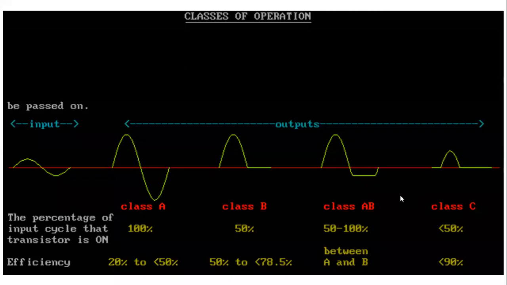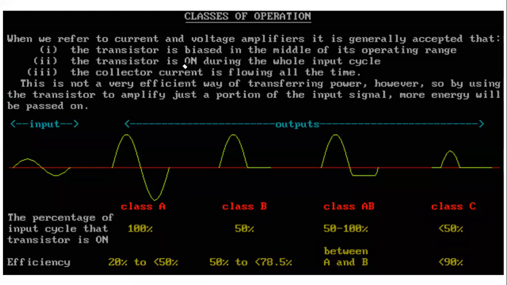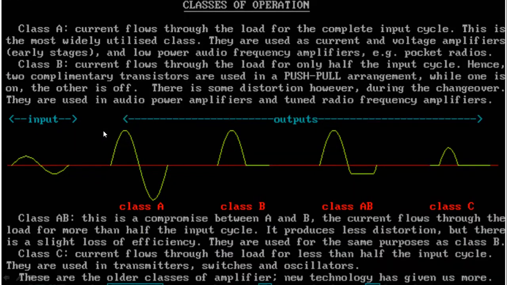This is a summary actually. Then we will go to the next slide. You can write down this definition for the class A, class B, class AB, and other classes.